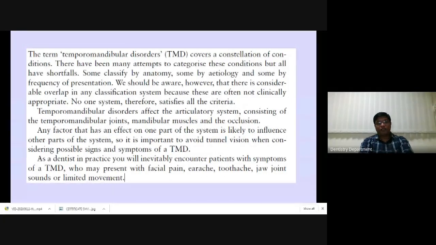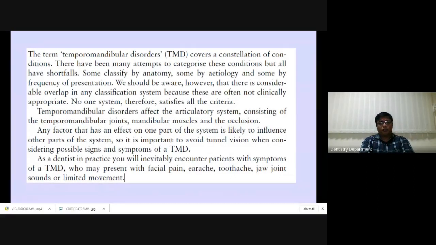But the presentation from the patient's side will be a combination of all three, or sometimes isolated, one-sided, and sometimes it won't follow the same kind of line we studied for Le Fort fractures. So the classification should be made based on the management. Anyway, we are going to see it later.